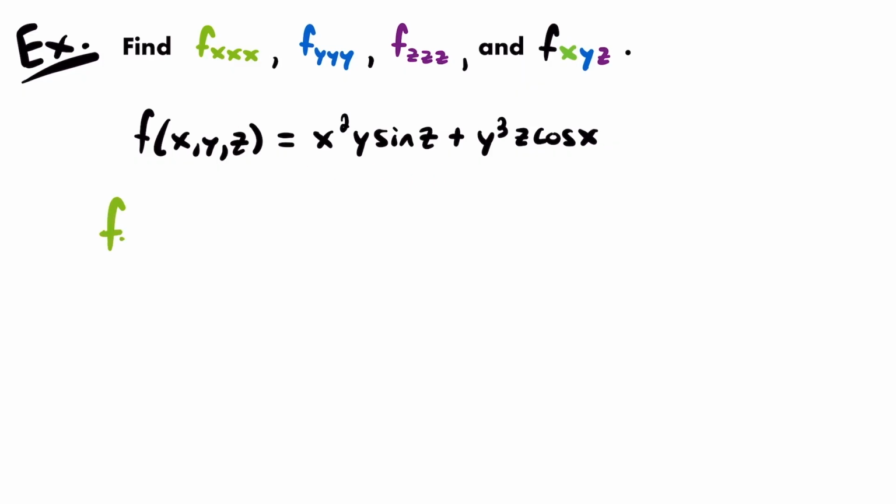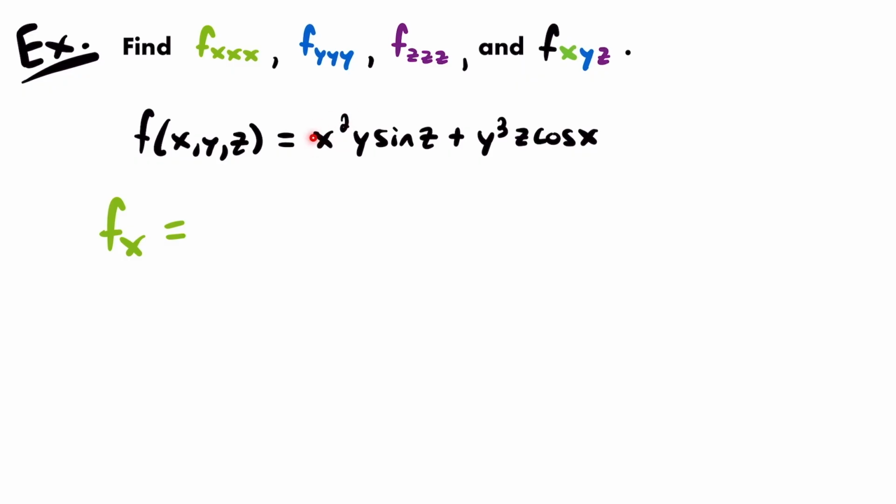So let's find f sub x. We want to take a partial derivative of this function with respect to x, meaning that we will treat the other independent variables as constants, that being y and z. So looking at this first term here, this x squared is the only part that we want to take the derivative of. This y would be a constant, and sine of z would also be a constant. We're treating z as a constant, so sine of a constant value would still be constant.